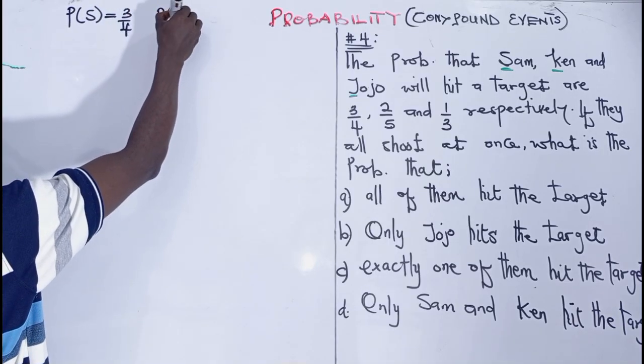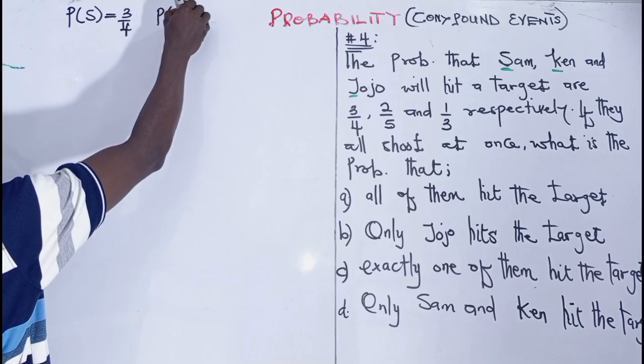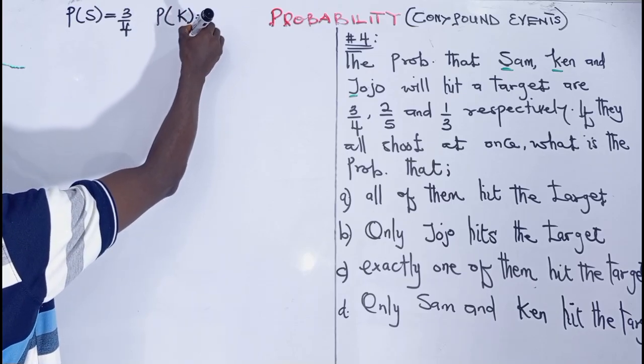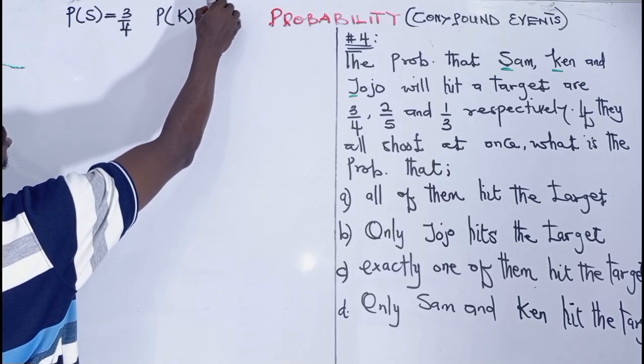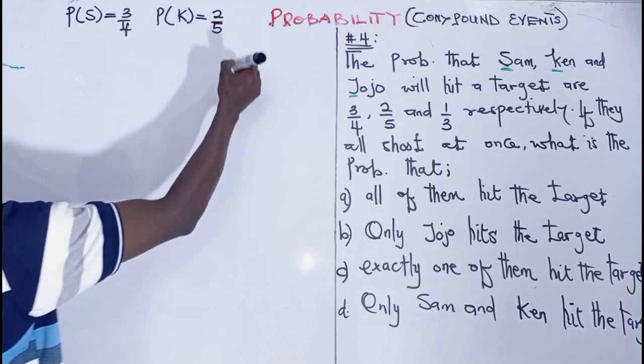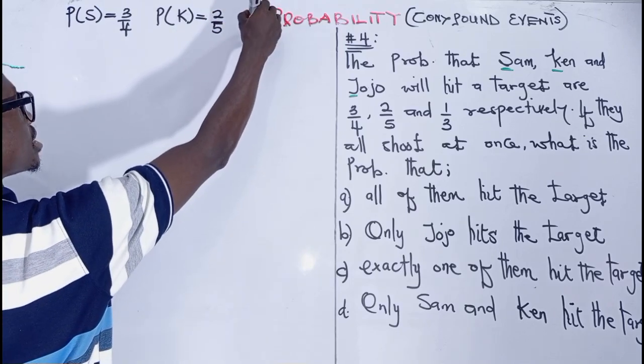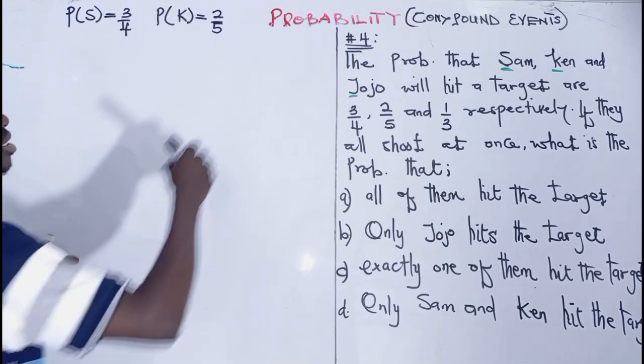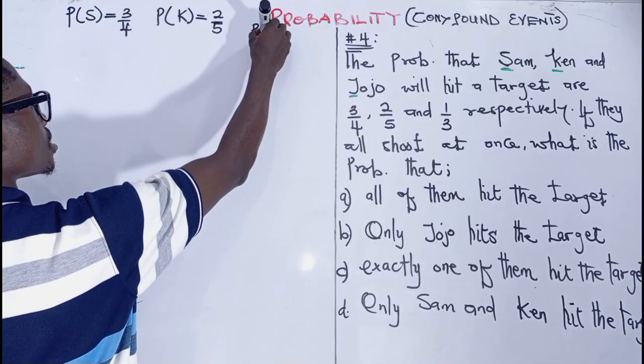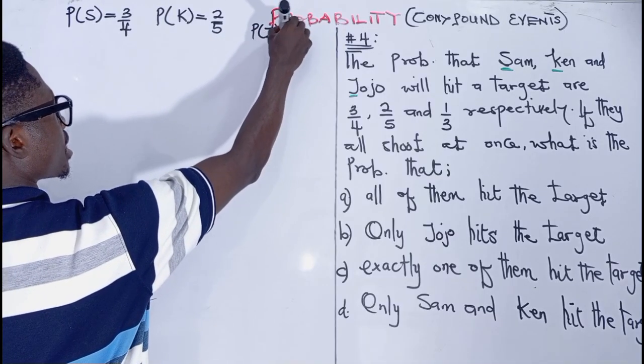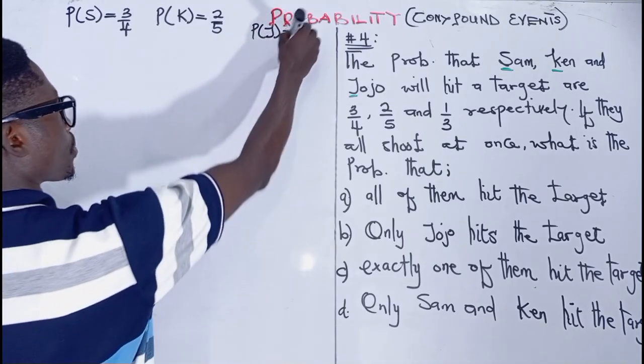The probability that Ken will hit the target is 2 out of 5. And the probability that Jojo will hit the target is 1/3.